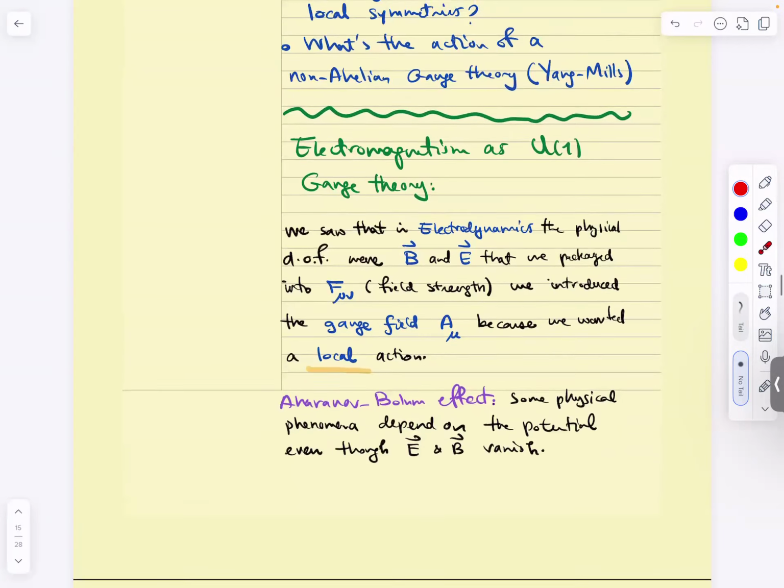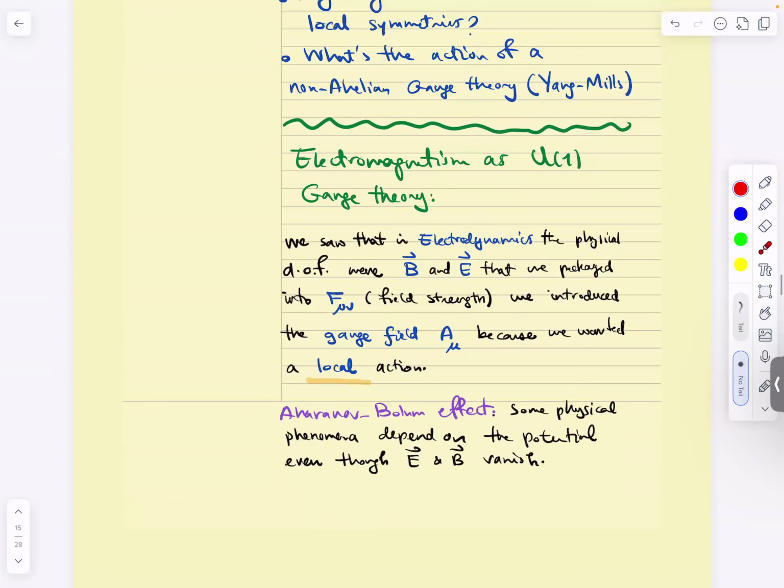All right, so let's go back to electromagnetism. This is classical. Everything I say is classical. We saw that in electromagnetism the physical degrees of freedom were B and E, magnetic and electric field, that we packaged into F mu nu. This is the field strength, and it has the physical degrees of freedom. But there's no local action you could write down for the field strength.